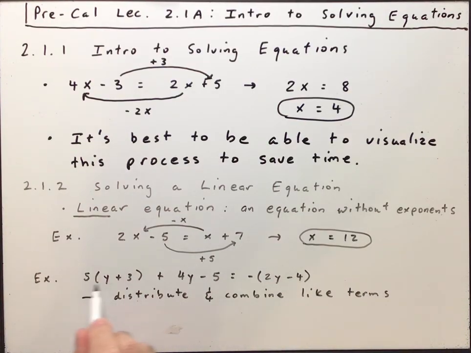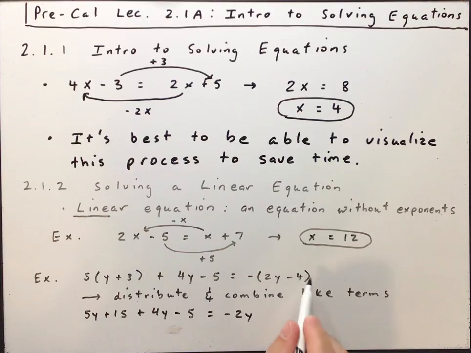So if we distribute the 5 across here, we would have 5y plus 15 plus 4y minus 5 is equal to negative 2y, and then negative would be positive 4. All right, let's combine all the y's to the left. You could combine them all on the right.